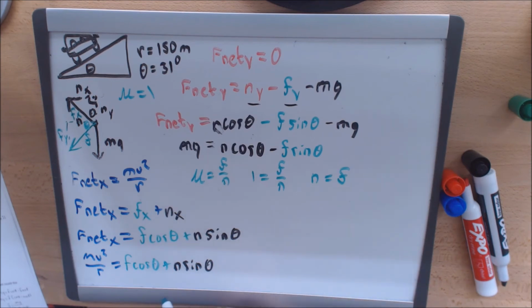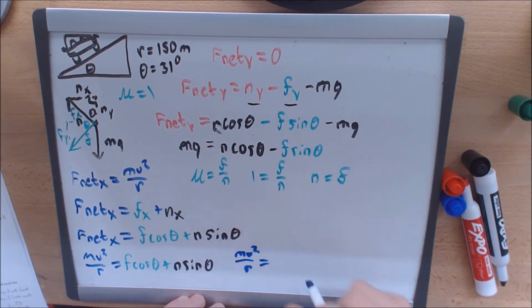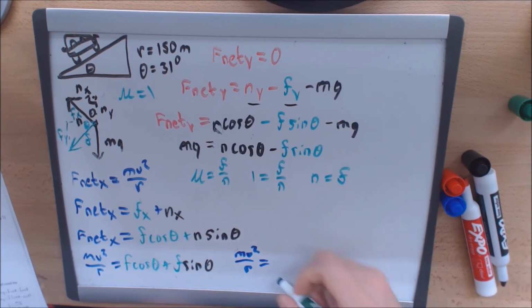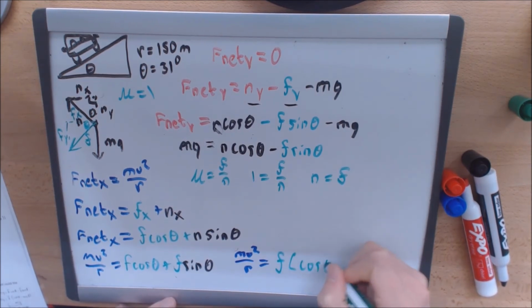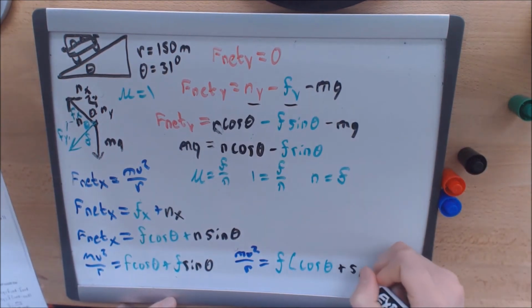So on this side, we can say mv squared over r is equal to, we replace this N with an F and then factor the F out: F times cosine theta plus sine theta.